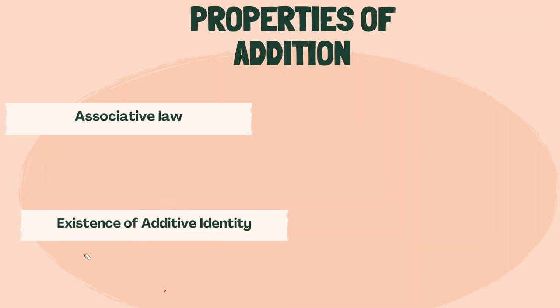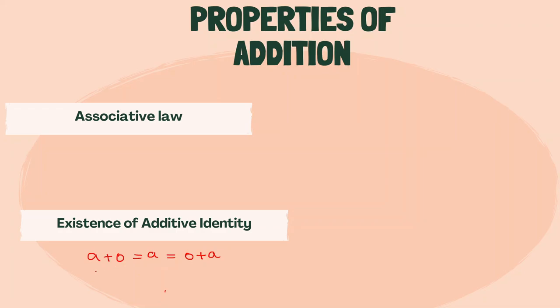So what are they saying? They are saying that for every integer a there is another integer 0 such that a plus 0 equal to a and 0 plus a is also equal to a. So this is true for all the integers.